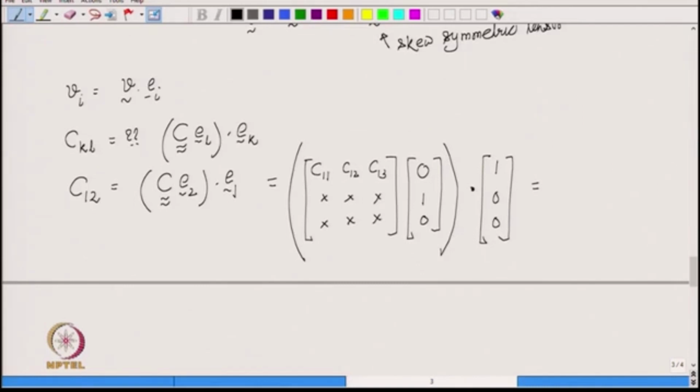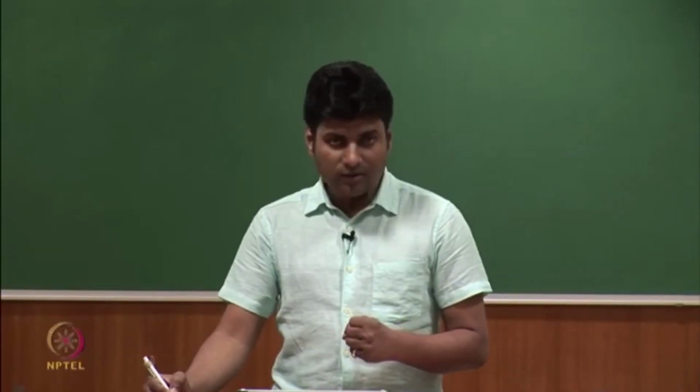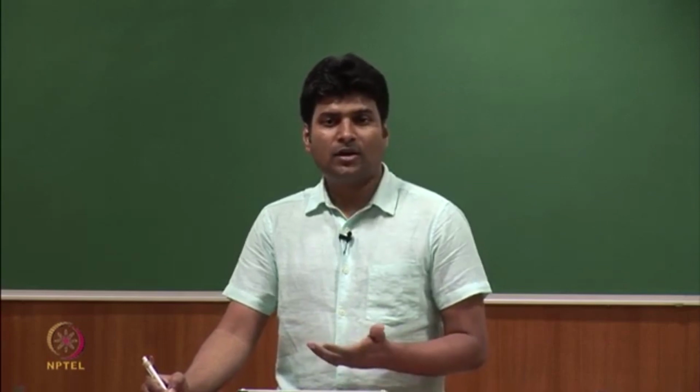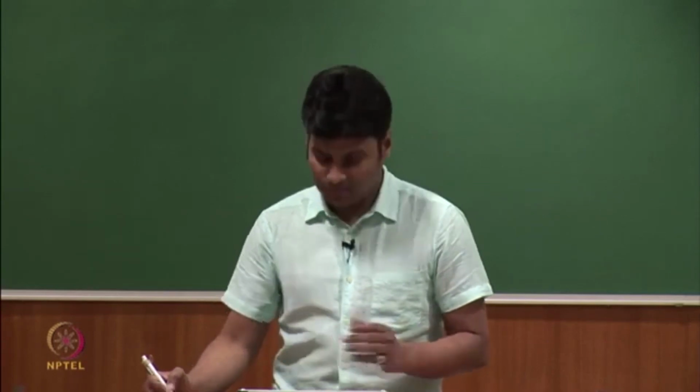When you multiply, you simply get the second column of the C matrix. Okay, so, you get C12, C22, C32, the second column, and then dot with 1, 0, 0, and you get C12, right. If you want to extract C12, it is C times e_2 dot with e_1. Okay. That is the way you can extract the component of a tensor relative to its basis tensor.